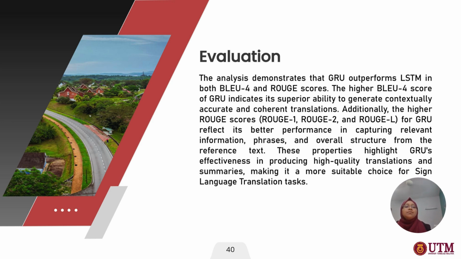The higher BLEU score of GRU indicates its ability to generate contextually accurate and coherent translations. Also in ROUGE score, the GRU reflects better performance than LSTM, which means it is effective in producing high quality translation and summary. It makes it a more suitable choice for sign language translation tasks.